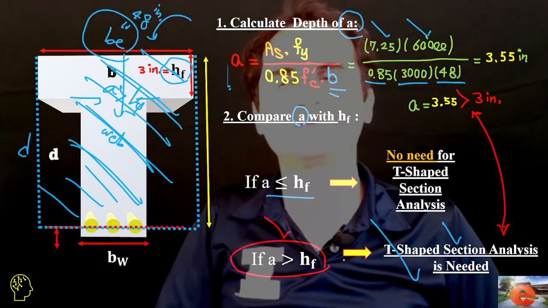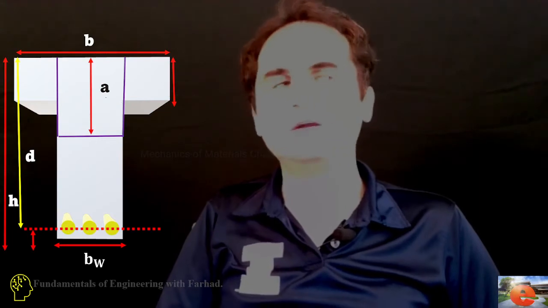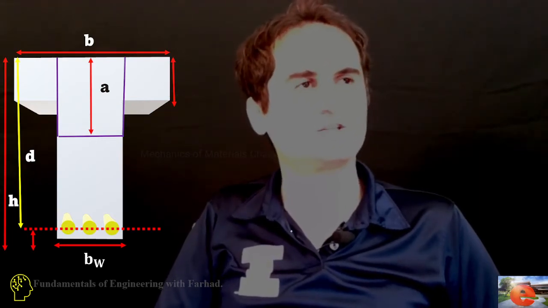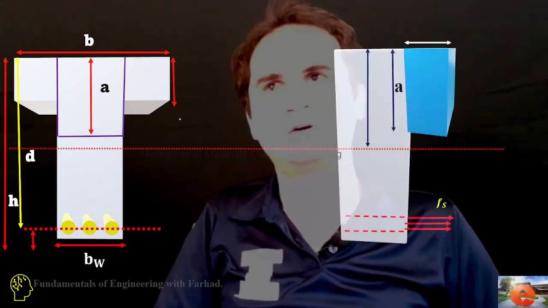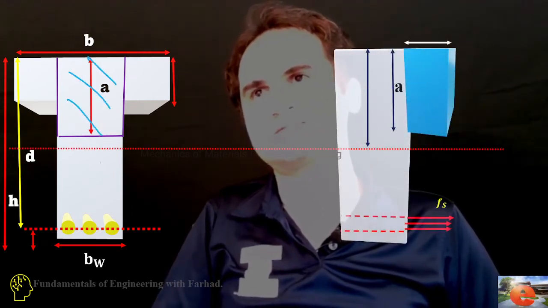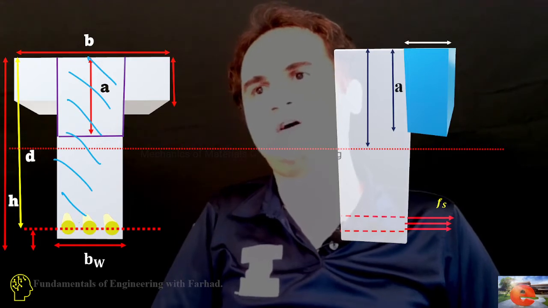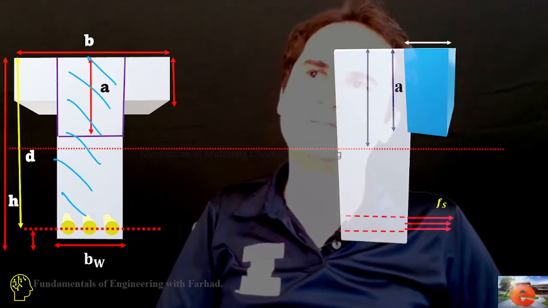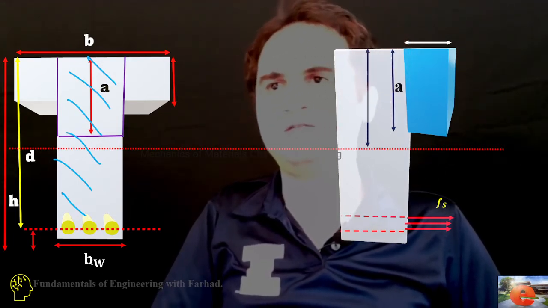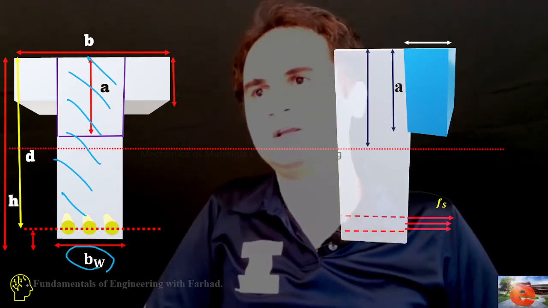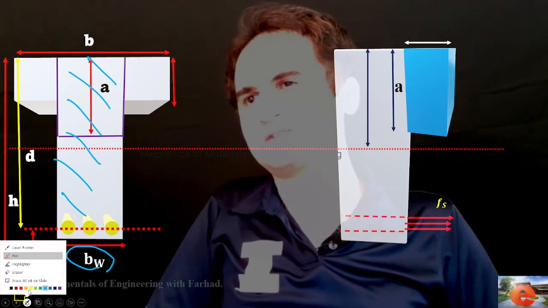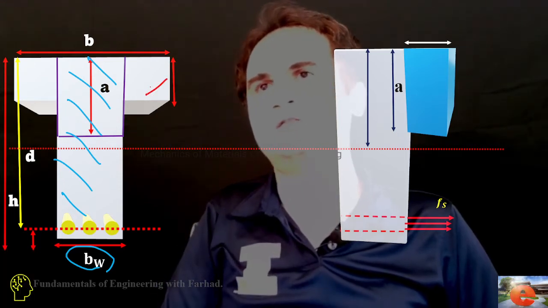So in doing so, we need to dissect our section into two parts. One part is responsible for a rectangle with the height of effective depth and width of a web, and the other part is responsible for the flange part.